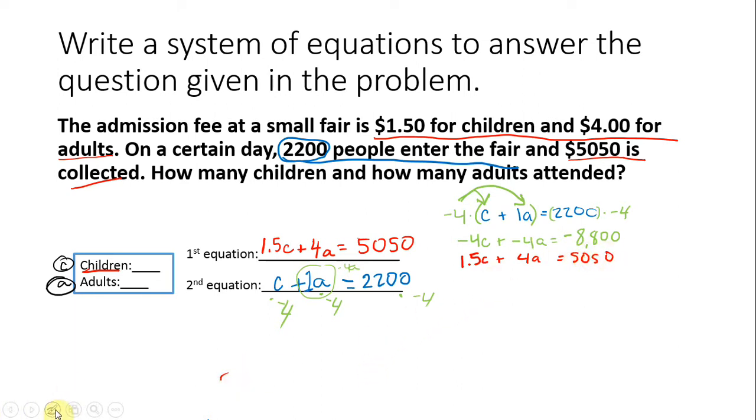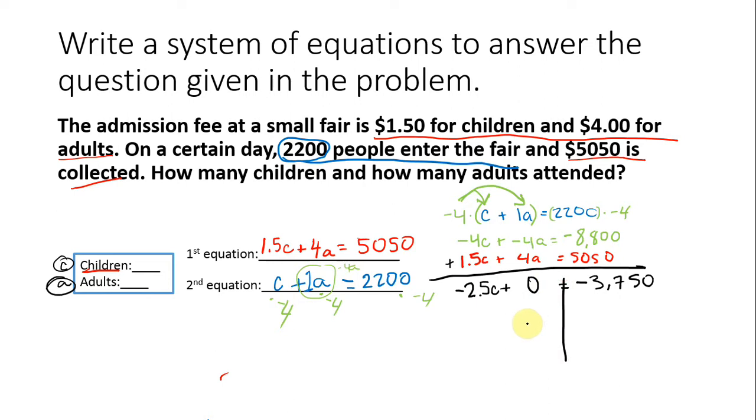And now I'm just going to add. So when I add these up, this will give me negative 2.5C plus 0 equals negative 800 plus 5,050, which is going to give me negative 3,750.